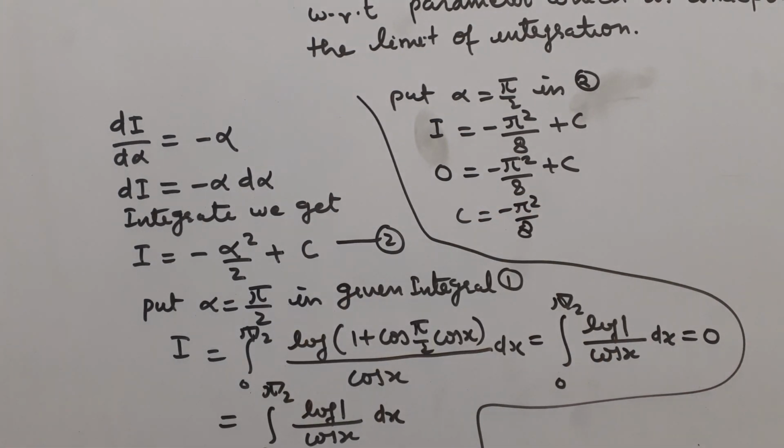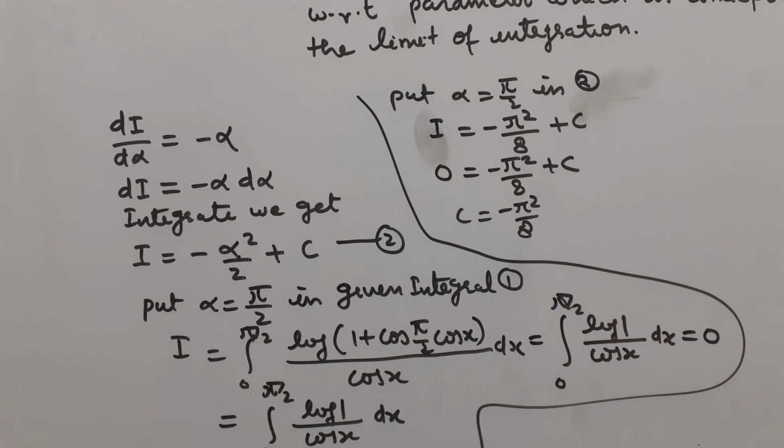We can see here dI by d alpha is equal to minus alpha, so we integrate dI is equal to minus alpha d alpha, so we get I is equal to minus alpha square by 2 plus integration constant c.